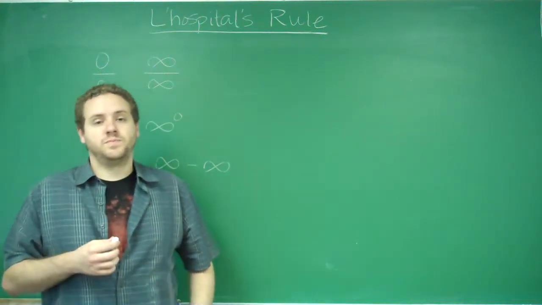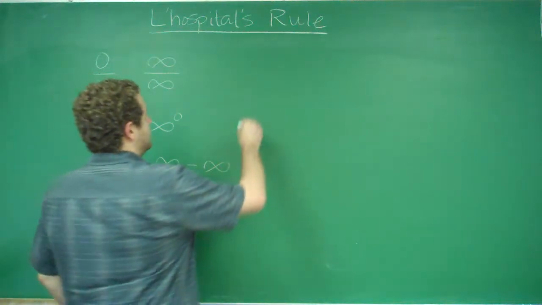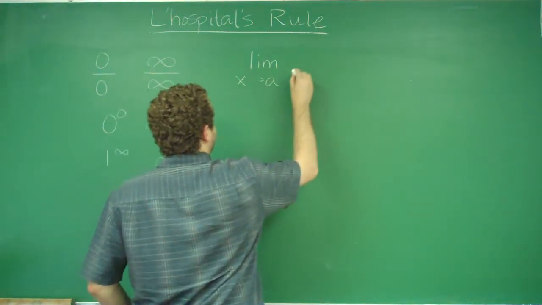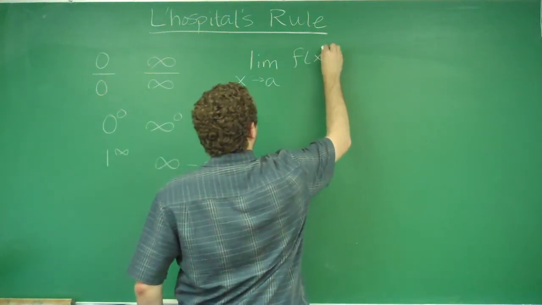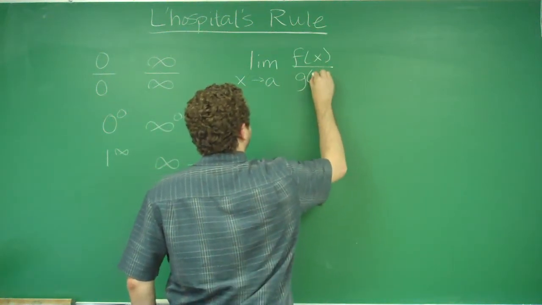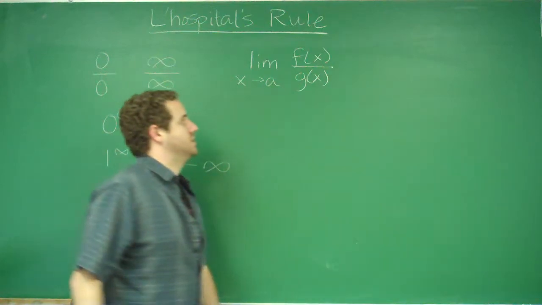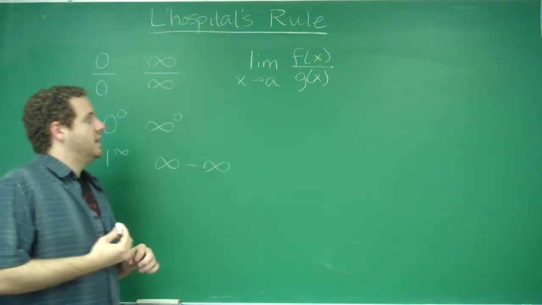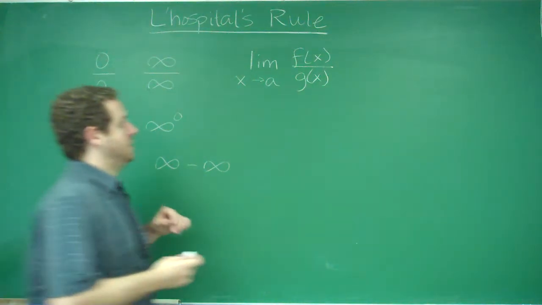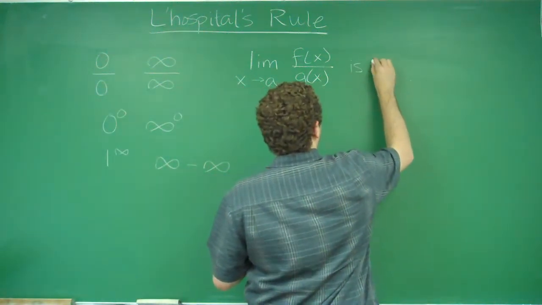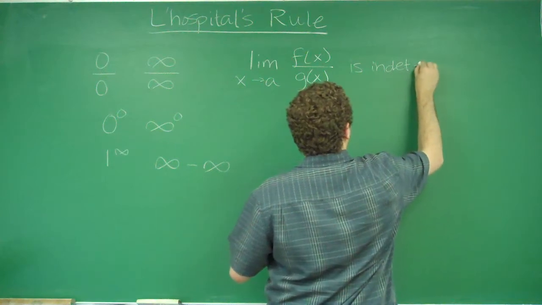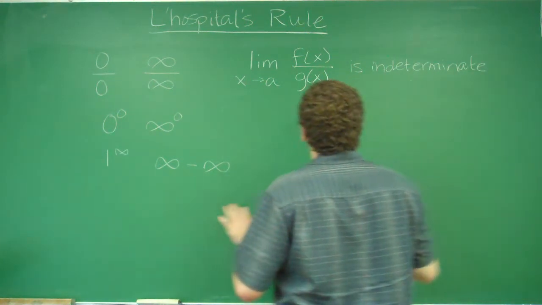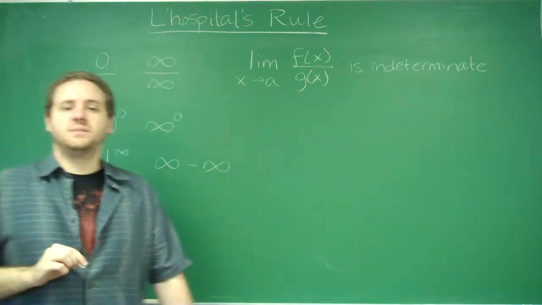Because you need to get it in a fraction to use L'Hopital's rule. So what L'Hopital's rule says is that if you take the limit as x approaches a of some rational function, so you have a numerator and denominator, if that limit is indeterminate, and it's important to note that this is only if this limit is indeterminate.